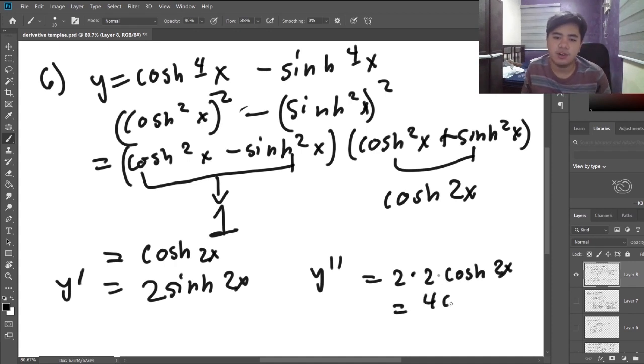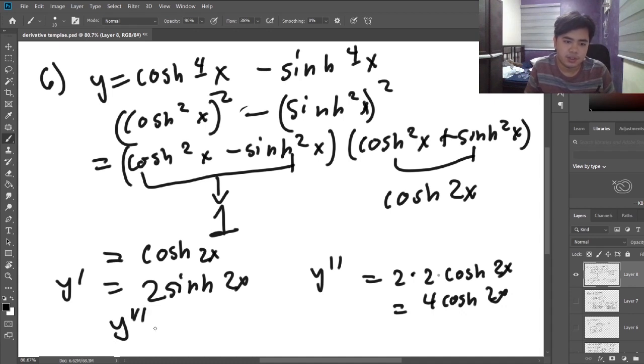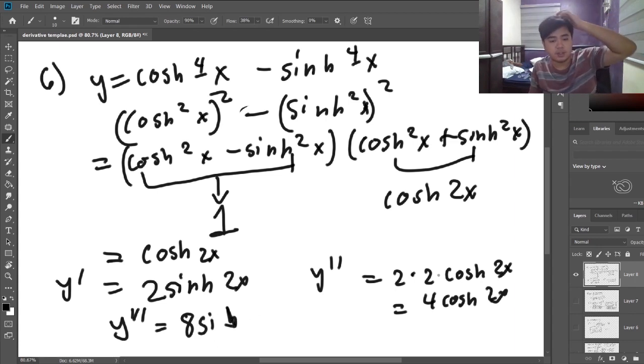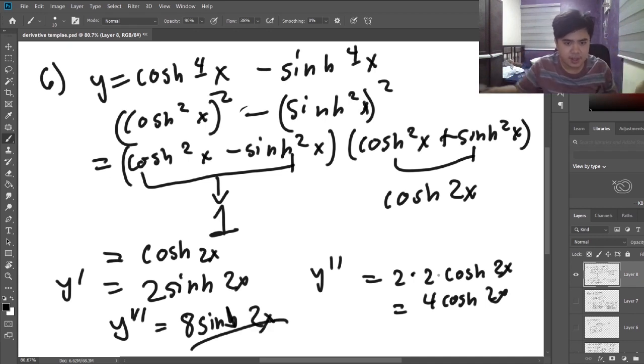So we get 4 cosh of 2x. Now for the final one, the triple prime of y is equal to 4 times 2, which is 8, then sinh of 2x. That's the answer.